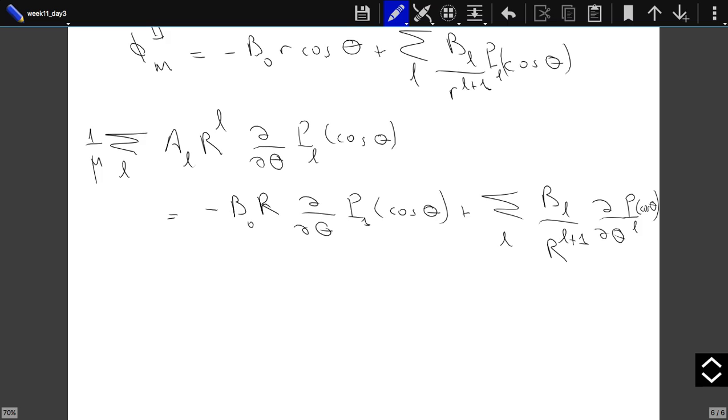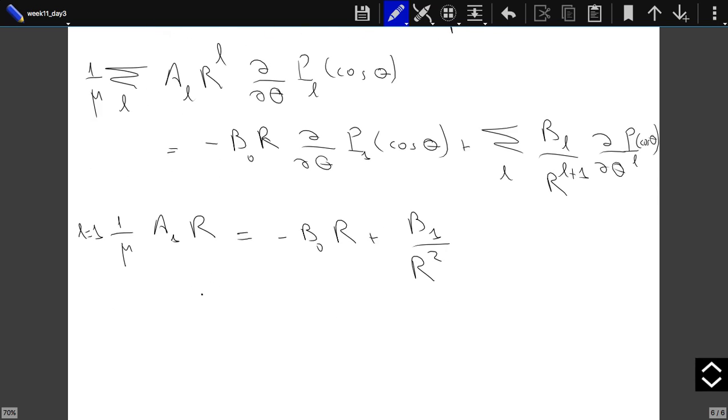Which basically tells us that 1 over mu times A1 R, for L equal to 1, should be equal to minus B0 R plus B1 over R squared. Or 1 over mu times A1 should be equal to minus B0 plus B1 over R cubed.